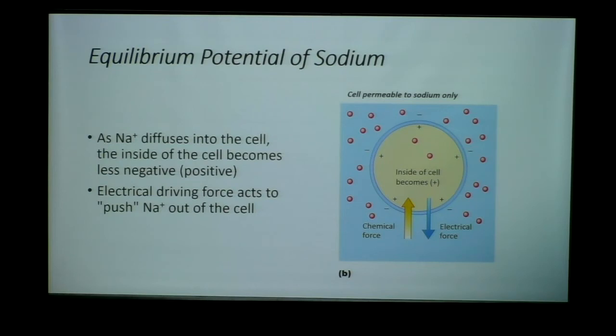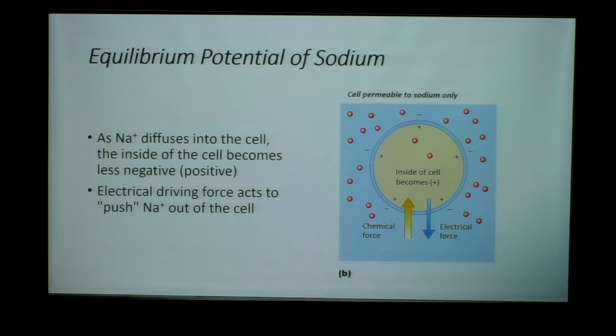Let's recap that again. We have sodium coming into the cell. As it enters the cell, it leaves this unopposed negative charge outside. We talked about those balancing forces. Chloride is balancing the sodium outside, whereas those anions are balancing potassium inside. So if we're moving sodium into the cell along its concentration gradient, we leave a negative environment outside.